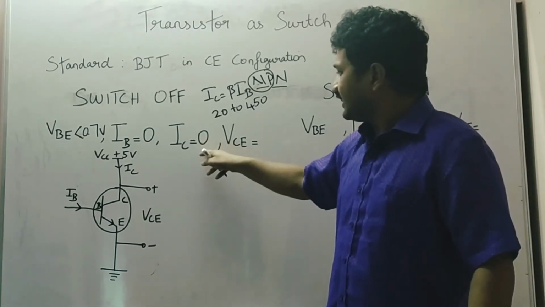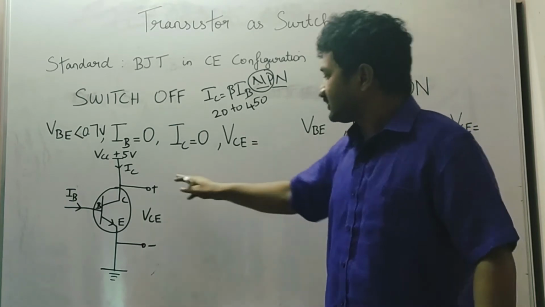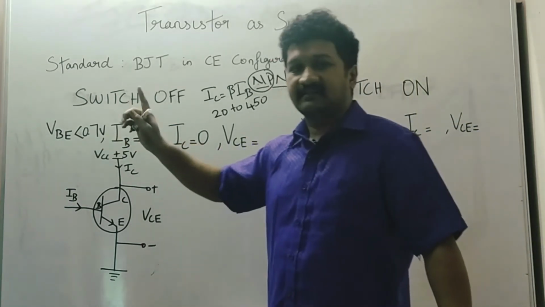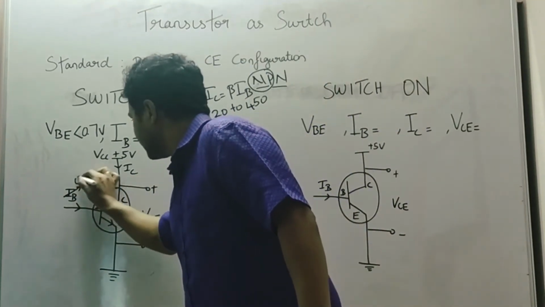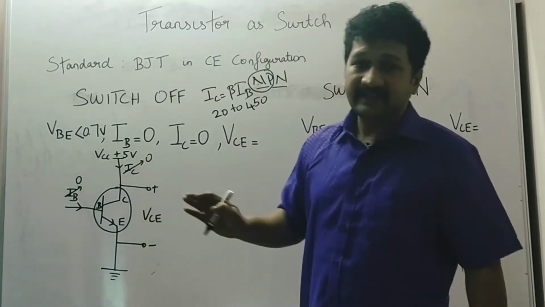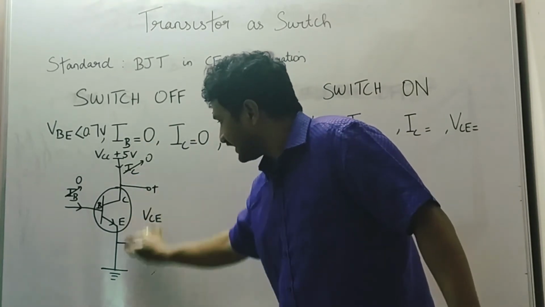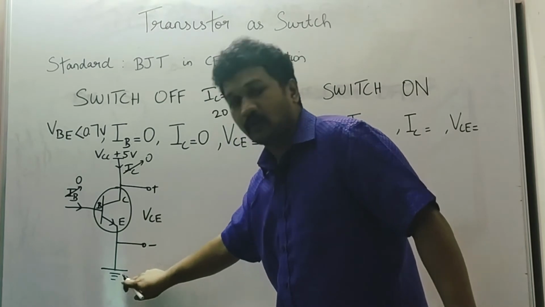So if the collector current is 0, what will happen to VCE? VCE is the voltage across the collector emitter junction. Let's see now. VBE is less than 0.7, IB is 0. If IB goes to 0, IC also goes to 0, which means there is no flow of collector current in this direction from this point to the ground.